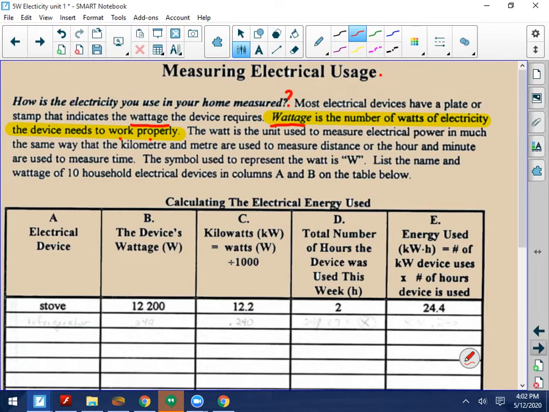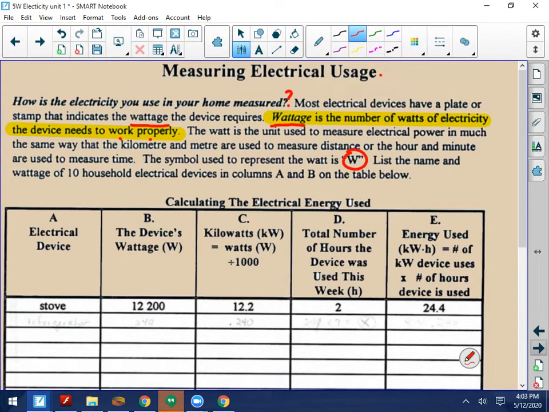The watt is the unit used to measure electrical power in much the same way as the kilometer and meter are used to measure distance, or the hour and minute are used to measure time. The symbol used to represent the watt is an uppercase W. So, list the name and wattage of 10 household electrical devices in columns A and B.